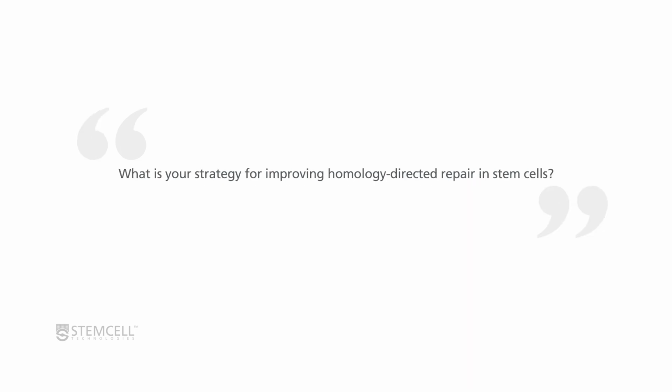Since we're running out of time, let's make our last question: what is your strategy for improving homology-directed repair in stem cells? Do you have any methods that you recommend using? Right. To improve homology-directed repair, there's actually been quite a bit of literature on this because it is an area of active investigation. What I have tested and find to be the most useful is the design of the donor DNA template.